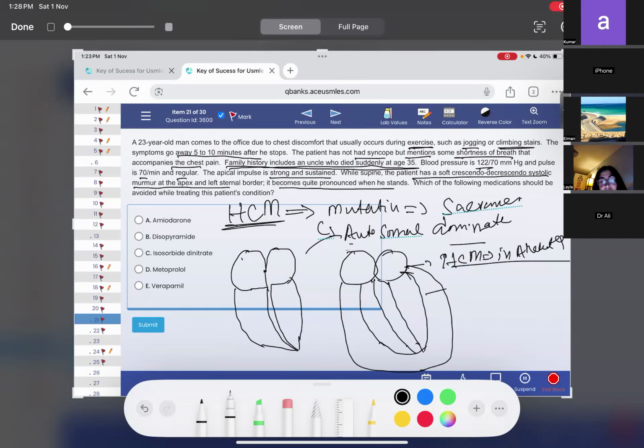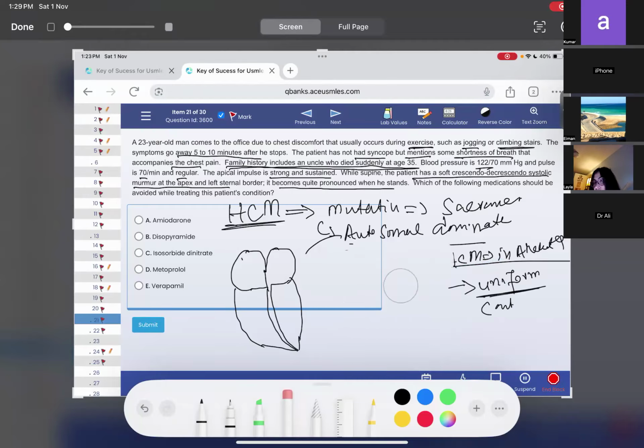In athletes there is a uniform, concentric hypertrophy. But hypertrophic cardiomyopathy usually occurs in young individuals due to an autosomal dominant disease.